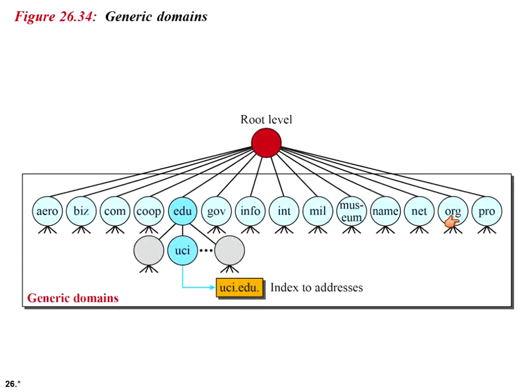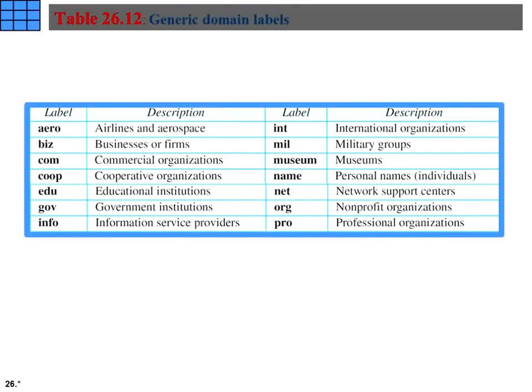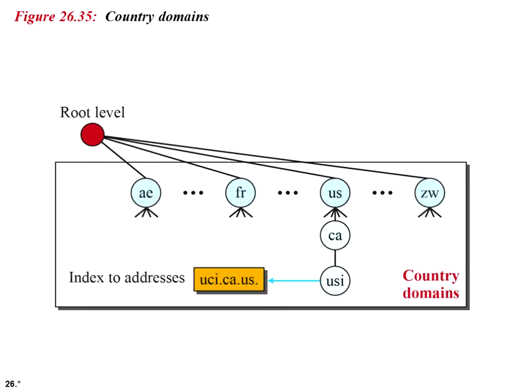ORG is for non-profit organizations. And PRO for professional organizations. Now if under EDU we have UCI, what will be the domain name? The domain name will be uci.edu. We will start from the bottom and move upwards. So these are the generic domains.